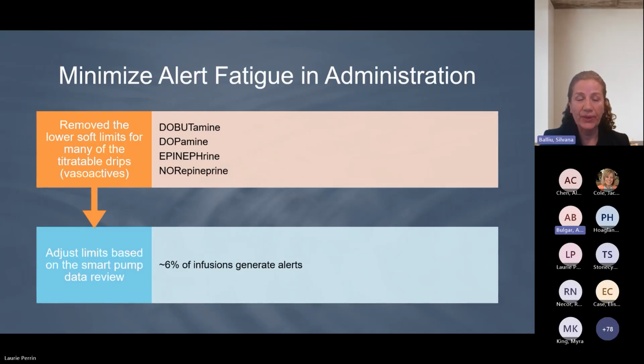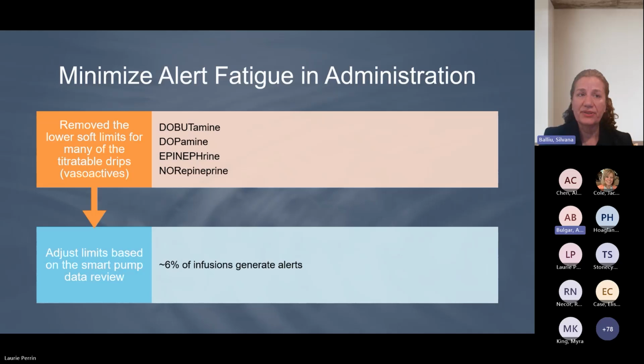So continuing with that topic to minimize the alert fatigue in administration, we removed the lower soft limit for many of the titratable drips. Here I have listed the vasoactive medications. We removed the lower soft limits since the patients are being monitored anytime that these medications are administered.